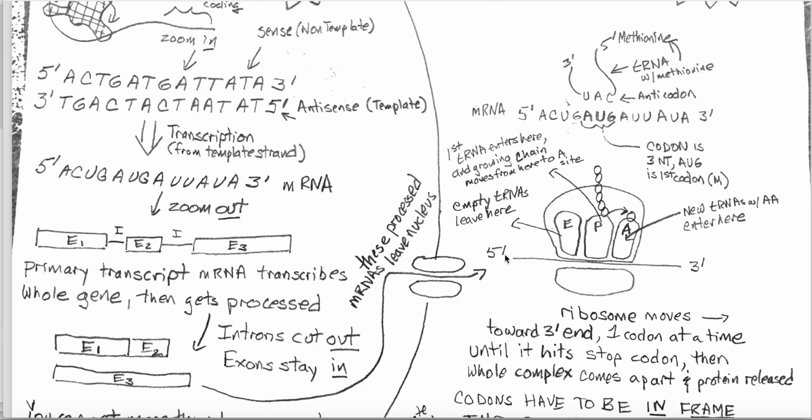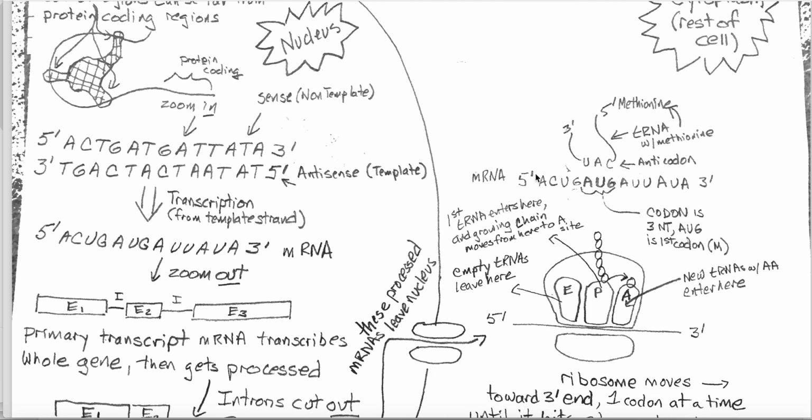It reads that order from the mRNA, and it starts on the 5' end of the mRNA, and the ribosome actually moves toward the 3' end as it reads it, and we'll see a little video of that. On the mRNA, again, remember it's RNA, it's right in the name, so there are no T's, there are U's instead.